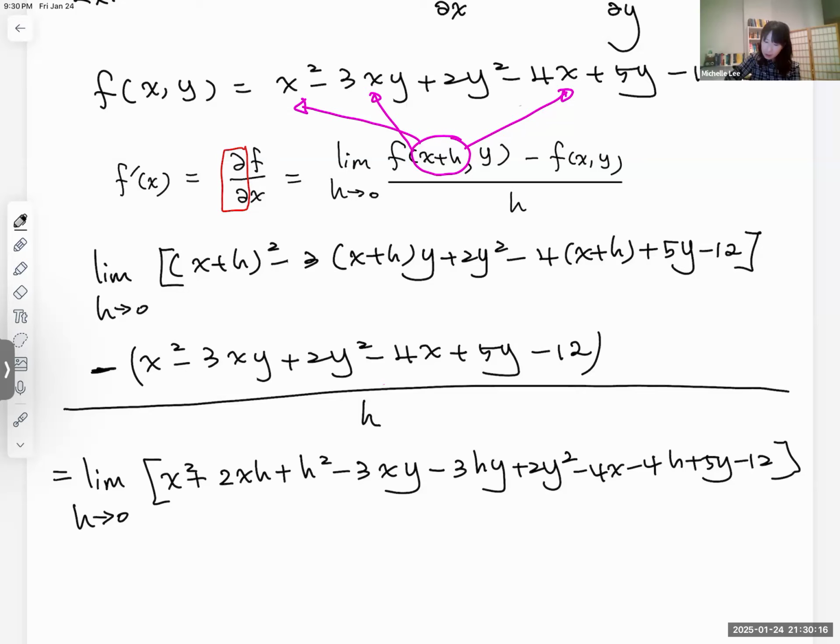And then I'm not going to make a bracket here so that we can simplify.